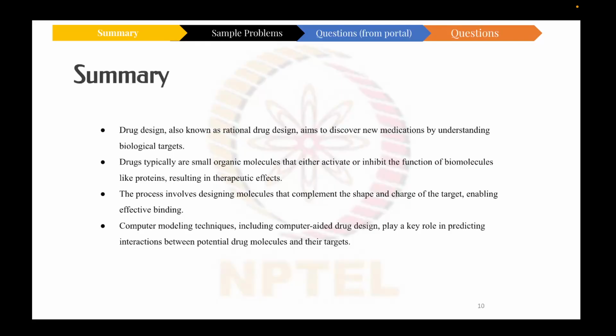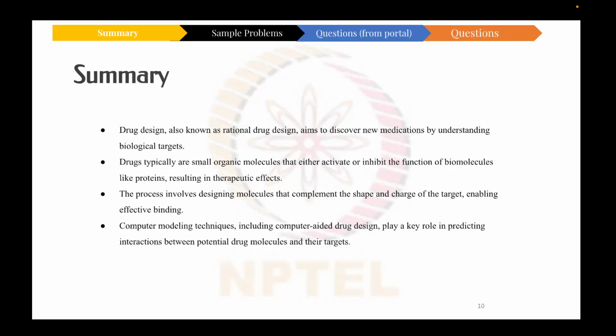Typically, drugs are small organic molecules that either activate or inhibit the function of a biomolecule such as a protein, leading to a therapeutic effect in patients. The core idea behind drug design is to create molecules that perfectly complement the shape and charge of the biological target they interact with. This complementary fit allows the drug molecules to effectively bind to the target, influencing its activity in a desired way.